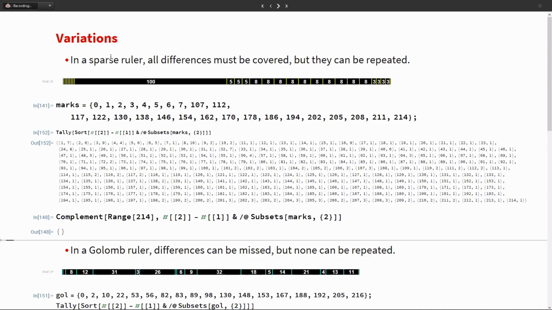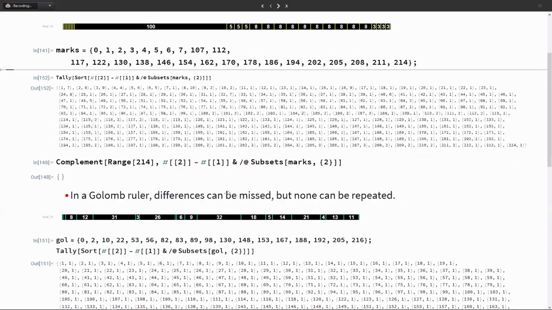So that's a sparse ruler. All differences must be covered, but they can be repeated. You can see for 102, there are 2 different ways of measuring 102. There's 7 ways of measuring 1. And there's various ways of measuring 3.